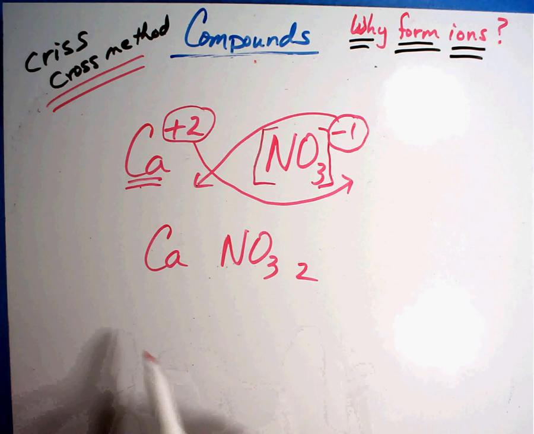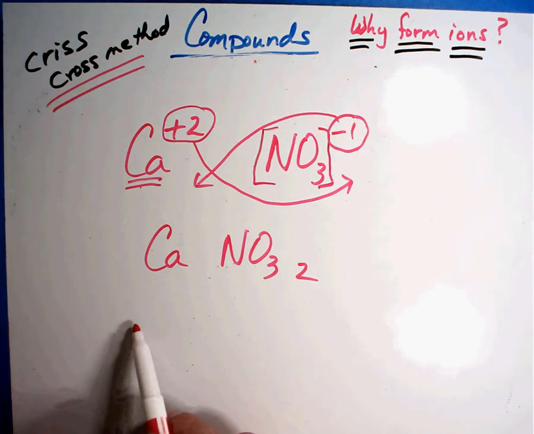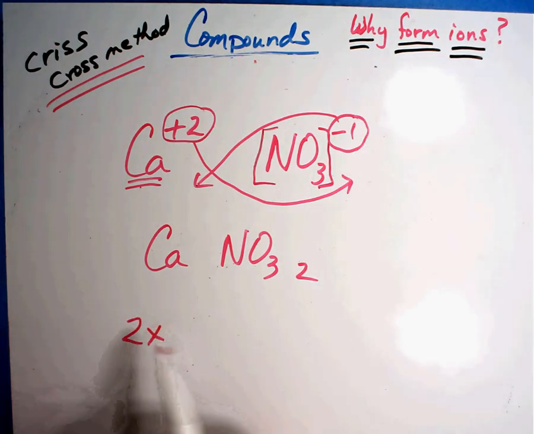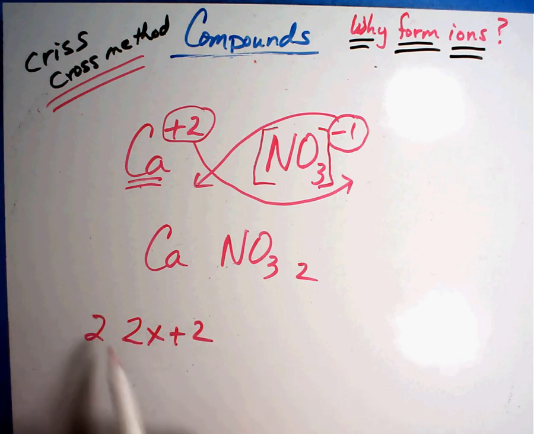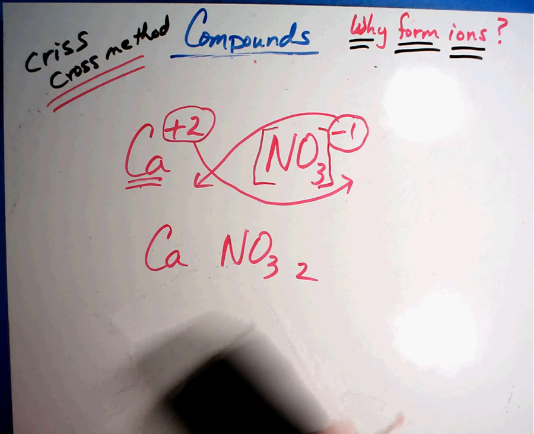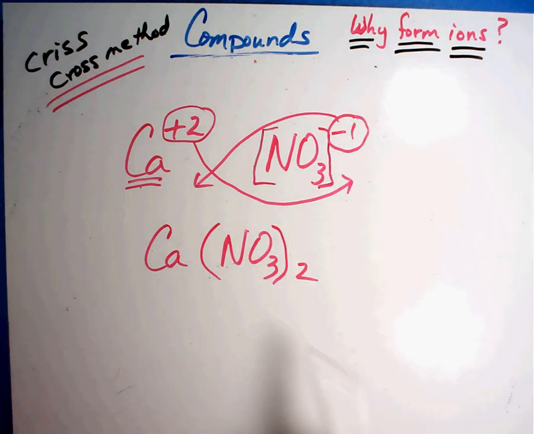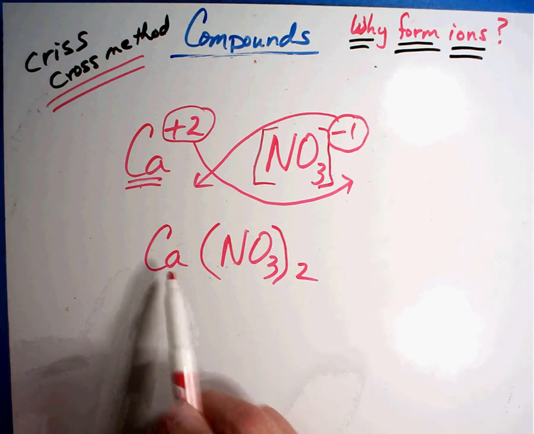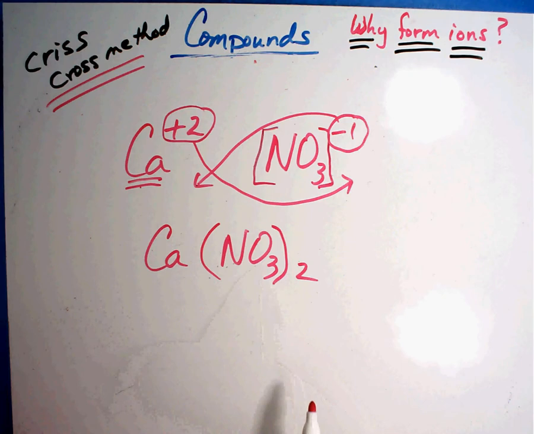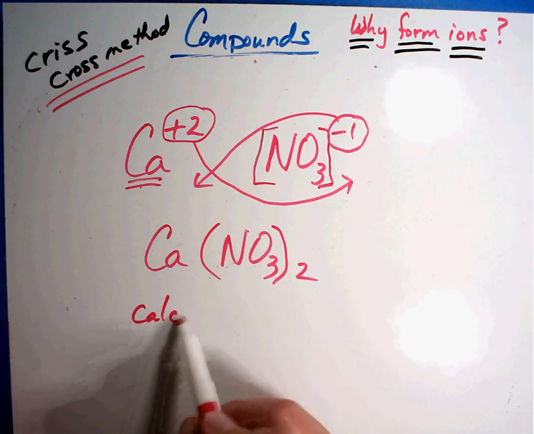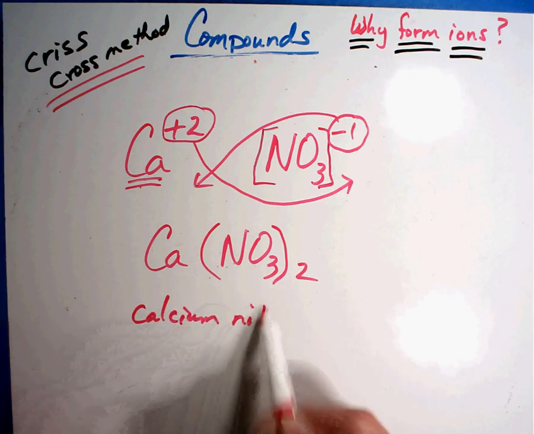Well, if you remember much from math class, whenever you have something like this and you have a number out front to set it off, you put it in parentheses. So that's what we're going to do here. Whenever you have a group and an extra number, you just put in a parentheses. It's the only time you ever do it. Calcium nitrate. That's the name of this compound. You're just naming what it is.